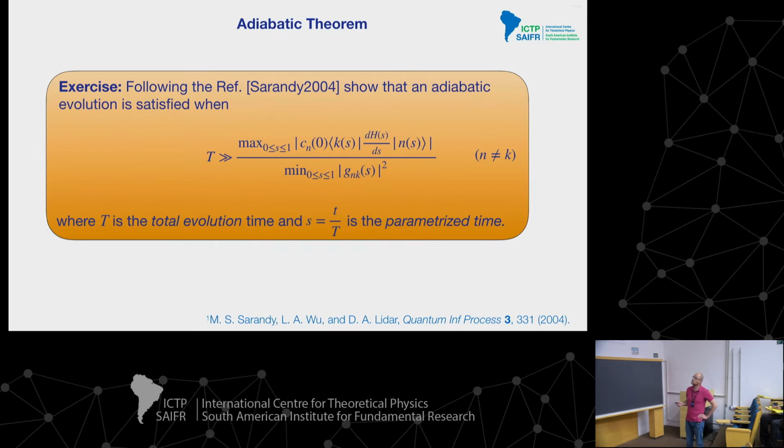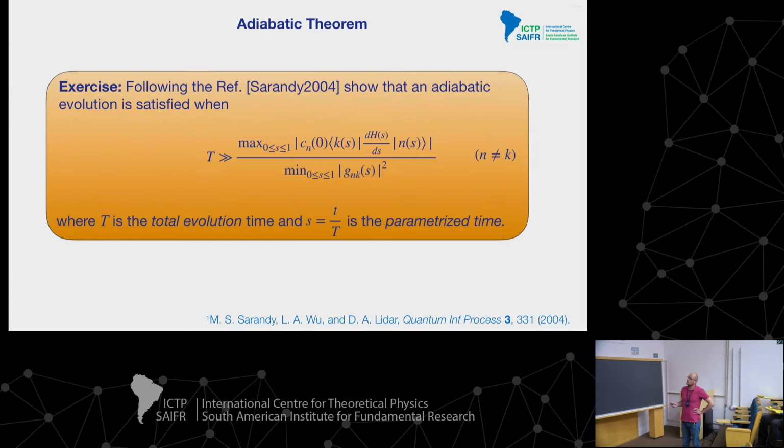If this capital T is much greater than this expression, here we have this transition element. Observe that this is the derivative of the Hamiltonian, right? S is defined, this is an n-dimensional parameter, t over capital T. And this quantity g_nk is the gap, the energy difference between the eigenvalues En and Ek, right?